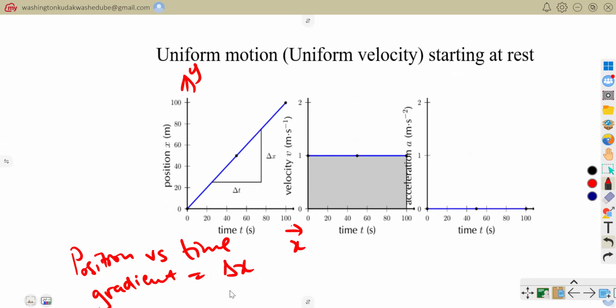By delta x over delta t, simply means what? Velocity. I'm sure you can relate to say that, let's say I want to calculate this gradient. I would say that, let's say this one becomes my point 2, this one being my point 1.